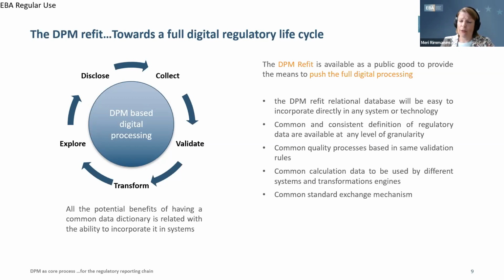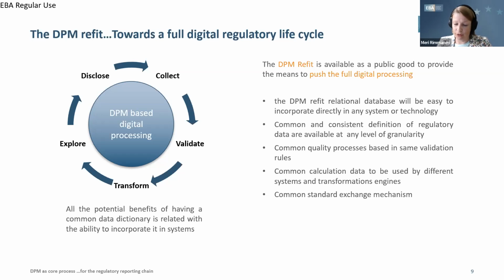It can be used for the preparation of data, but then from the receiving end, so from the authorities and supervisors, it can be used for collection, validation, transformations, exploration, and finally for analysis and publications as well. So DPM Refit is a relational database that can be incorporated directly into any systems.